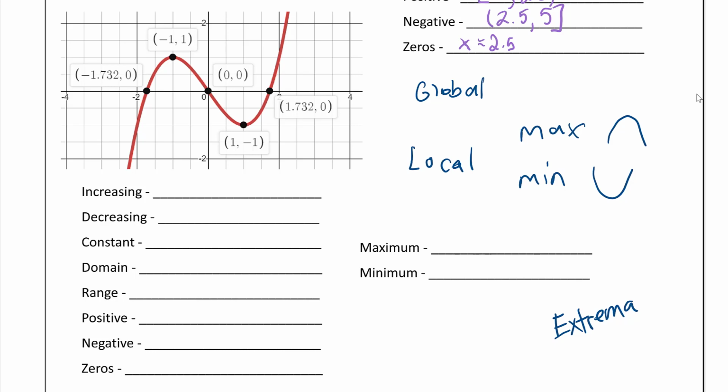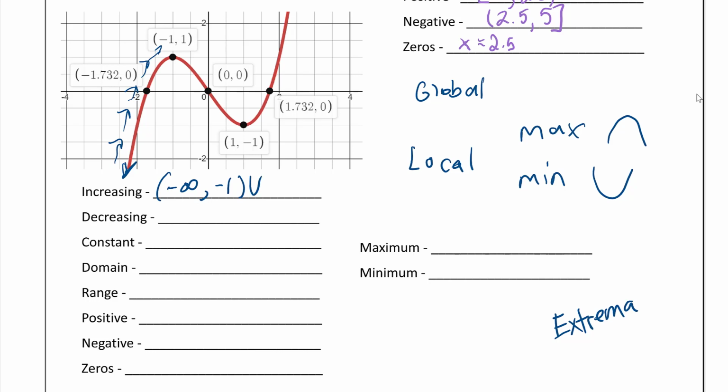So for increasing, remember we're looking left to right. If we follow this graph along, we start off going up until we get to this value up here at -1, 1. Remember, we just want the x value. Where do we start? Since this is a polynomial, we assume it keeps doing the same thing forever, so we're increasing from -infinity to -1.